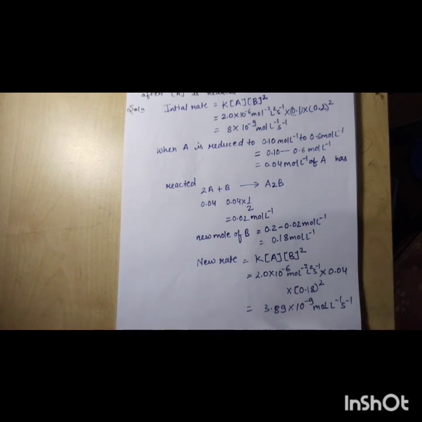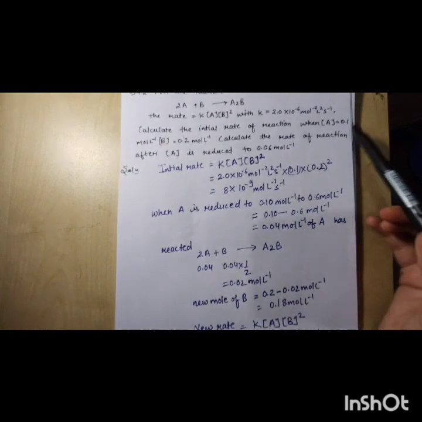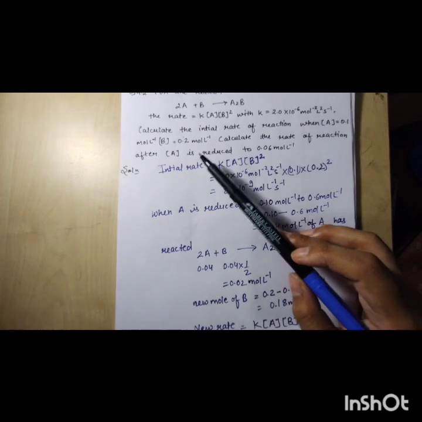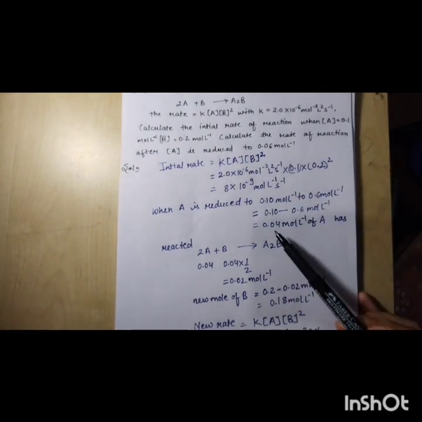So this is how we calculate. First we take the initial moles, and from the initial moles we find the remaining moles.